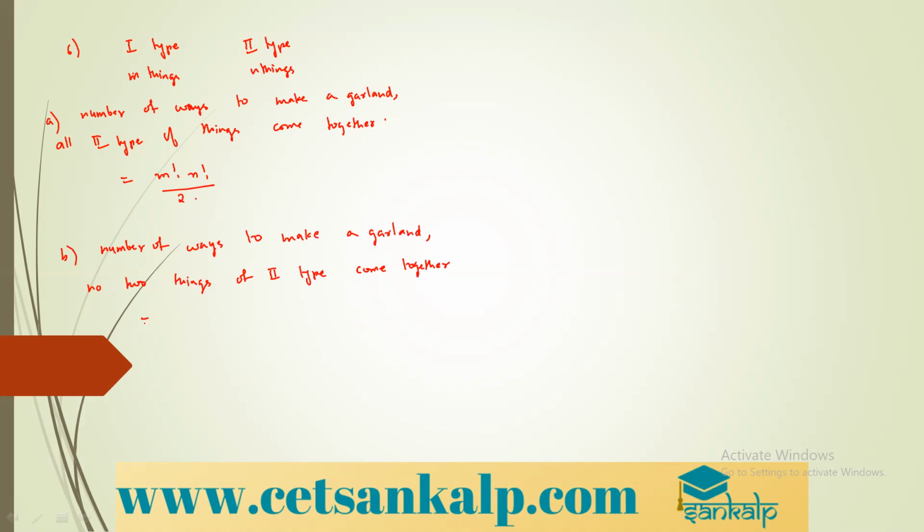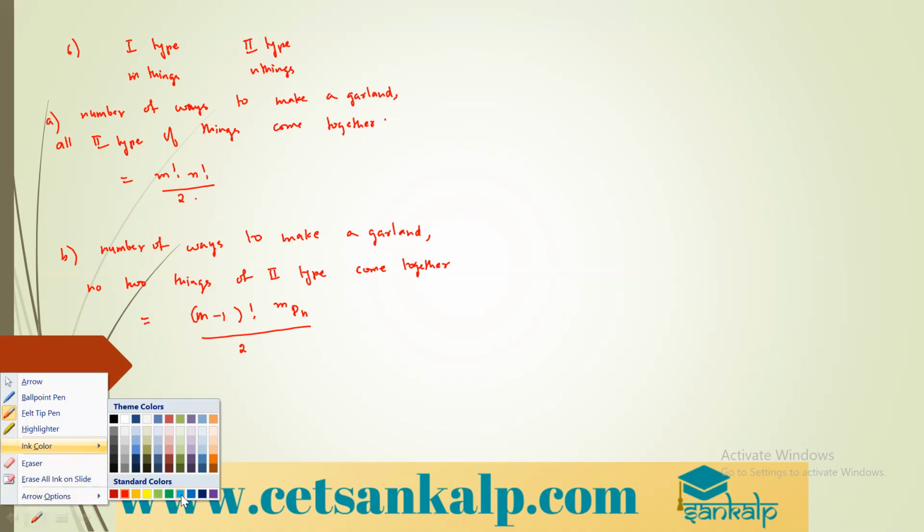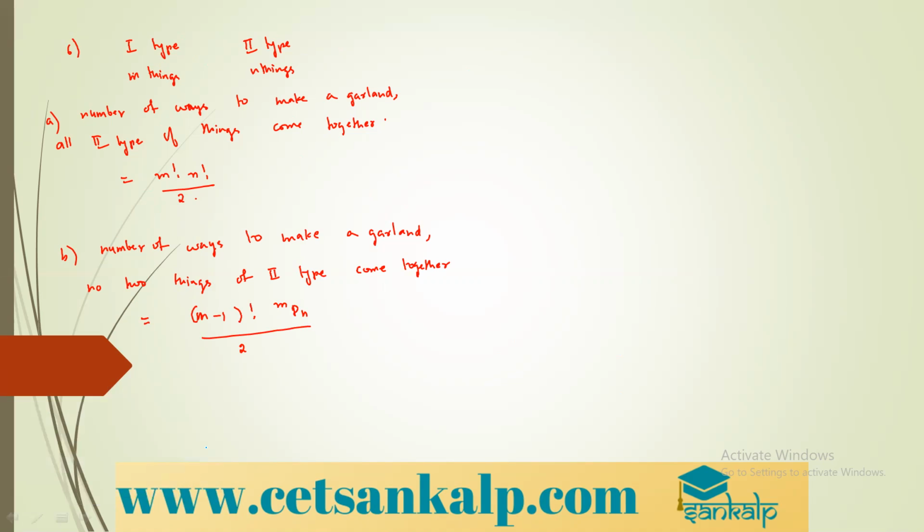If this is the case, in how many ways can I do it? (m minus 1) factorial into m P n by 2. If I give you one example, you will understand. So to learn all these formulas, you take examples, make a story of your own and then use them. You will understand better, and you will remember the formulas.